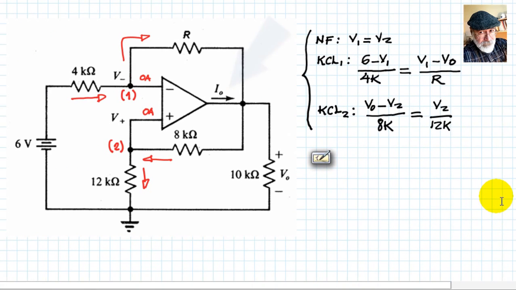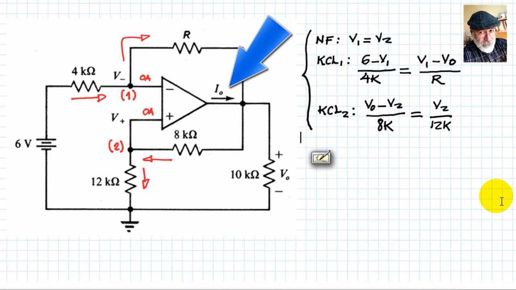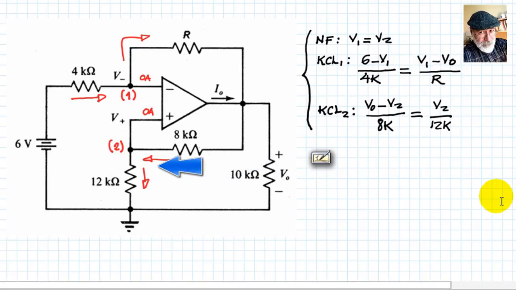To find I0, we compute the current in the 10 kilo ohm resistor, which is V0 divided by 10,000. We add the current in the bottom positive feedback resistor of 8,000 ohms, which is V0 minus V2 divided by 8,000 ohms.